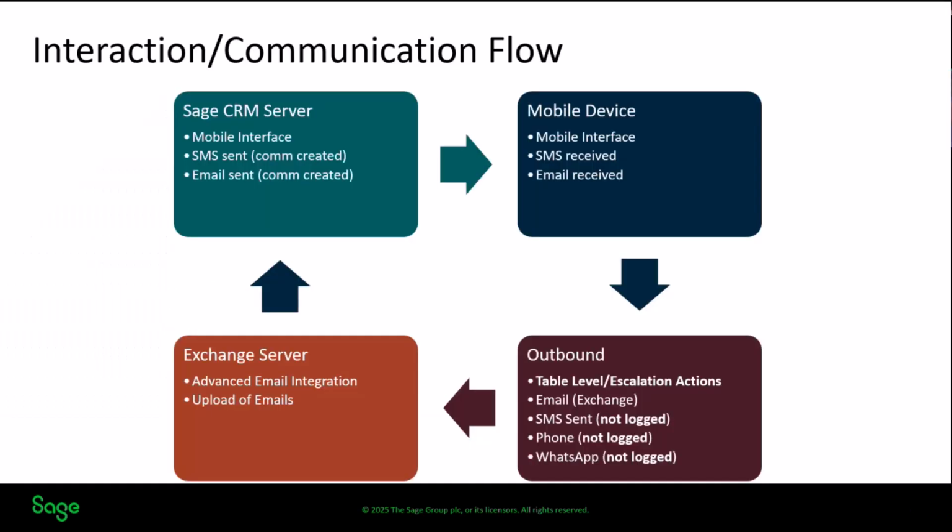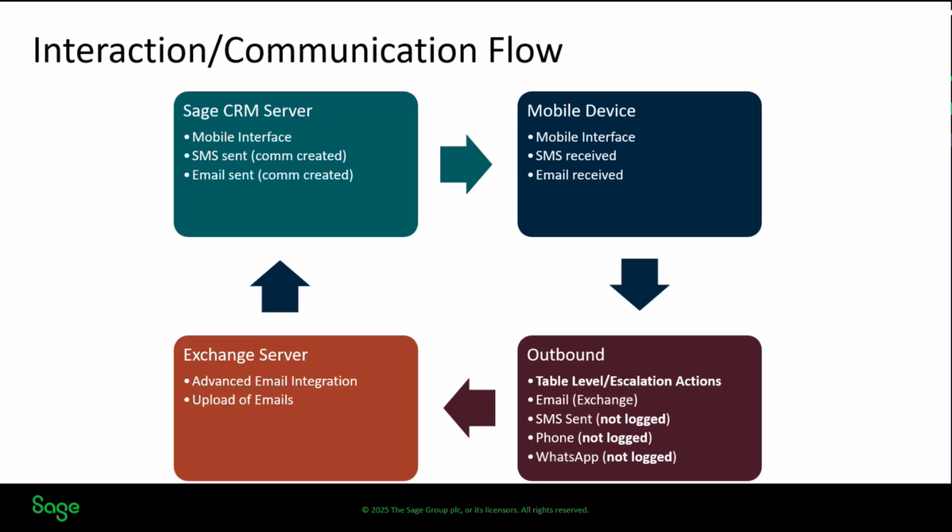So what we end up understanding is that Sage CRM has a particular interaction or communication flow. If we start off thinking about what's going on the server, we know that the server is going to generate the mobile device.